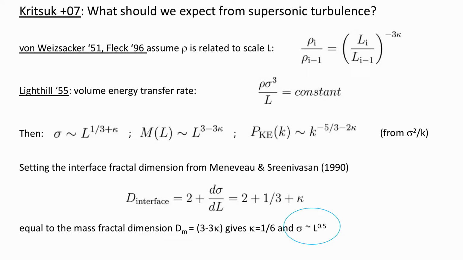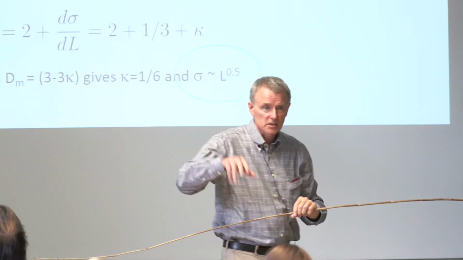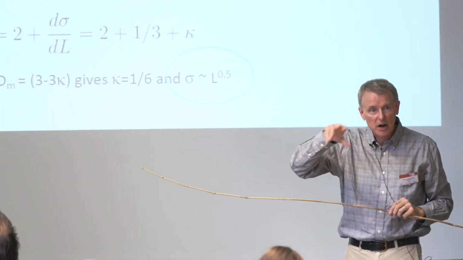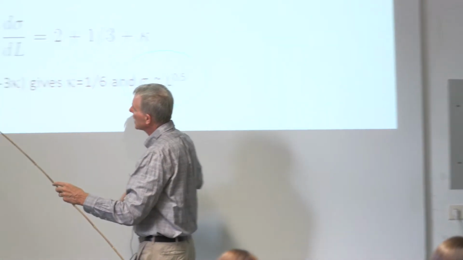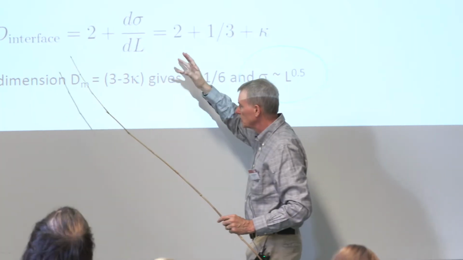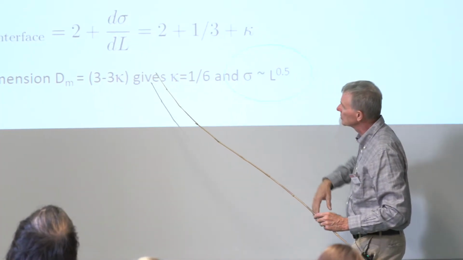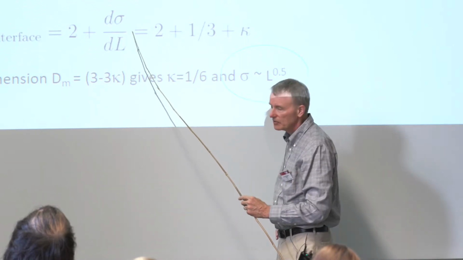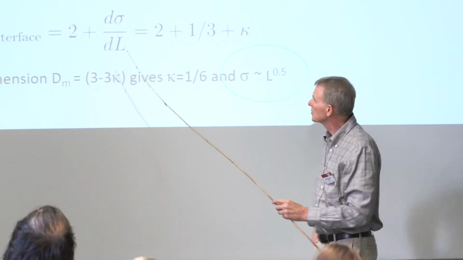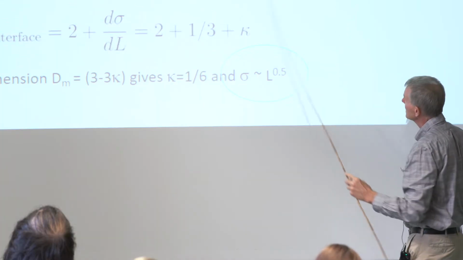Now then we look at something completely different. We look at just turbulence, like a stirring of paint in a bucket, or atmospheric turbulence, atmospheric clouds. And the fractal dimension of the interface between two layers of a turbulent fluid is 2 plus the gradient of the velocity, which brings in that kappa again.